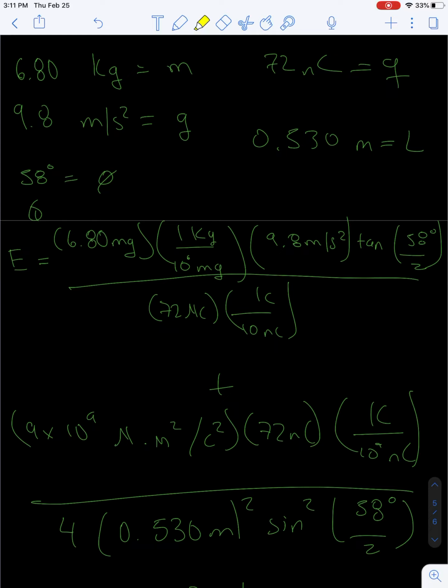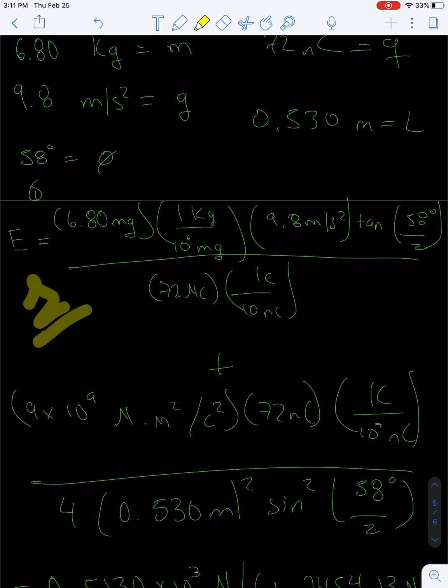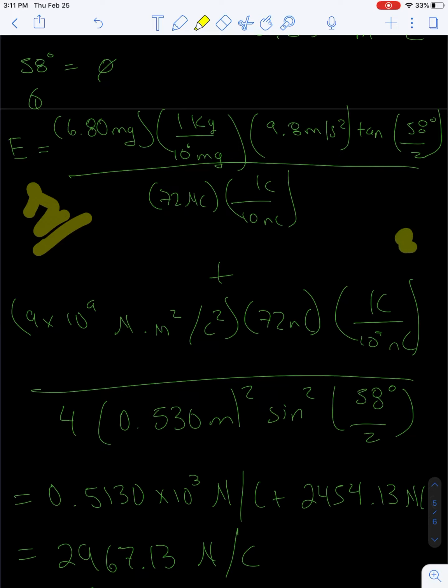As you can see, it didn't fit on my screen. So this is the first part of the equation, and this is the second part right down here. We put all our values together: 6.8 kilograms times 9.8 meters per second squared times tangent of 58 degrees over 2. That's what we're trying to find out.